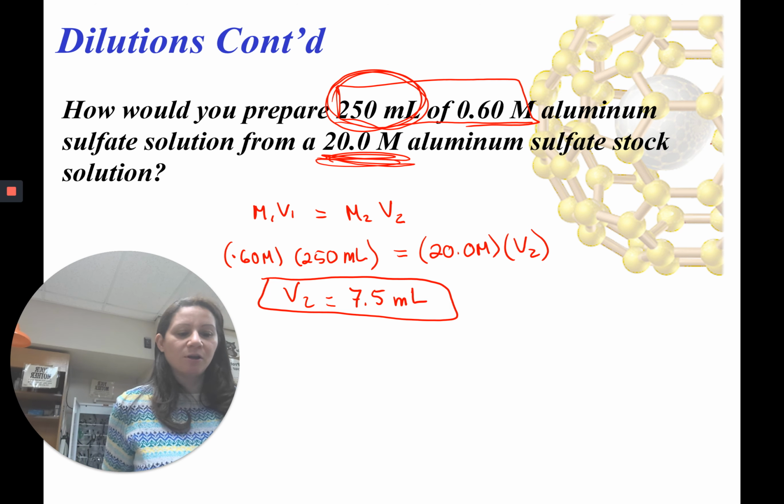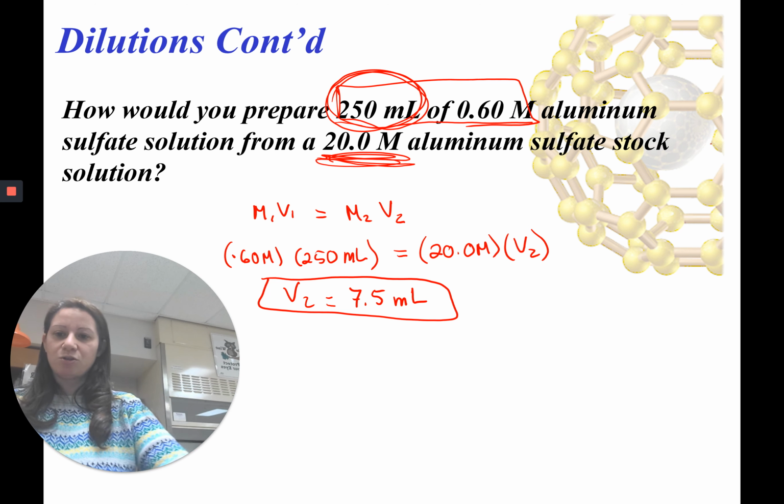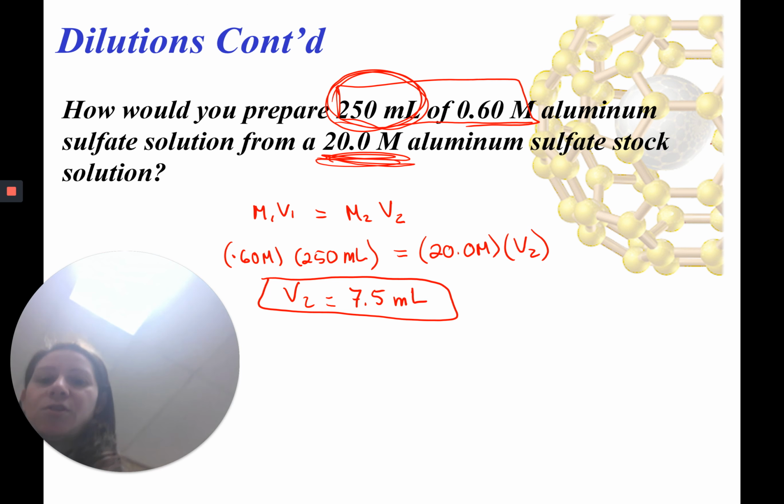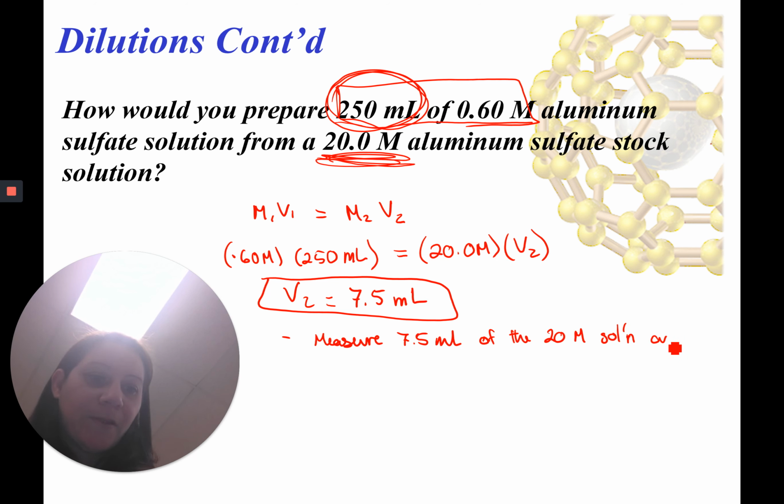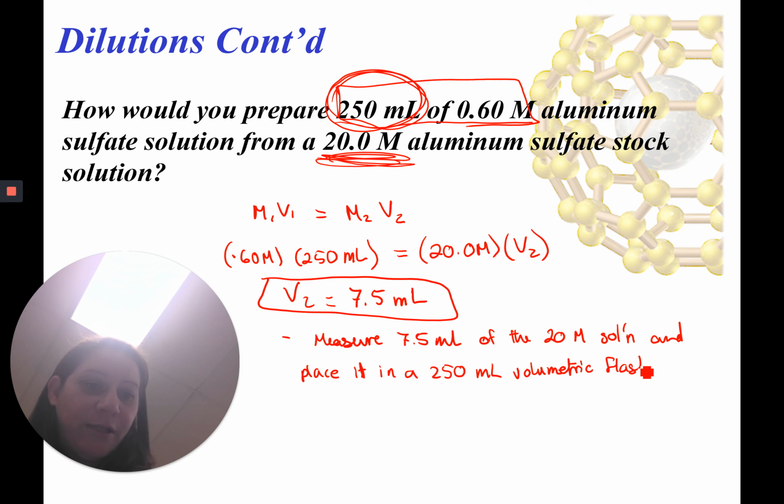So let's write down these procedures. You would measure 7.5 milliliters of 20 molar solution and place it in a 250 milliliter volumetric flask.